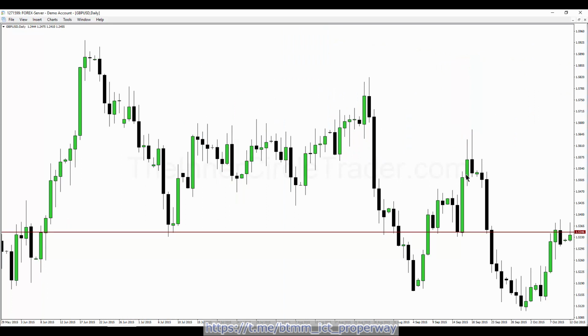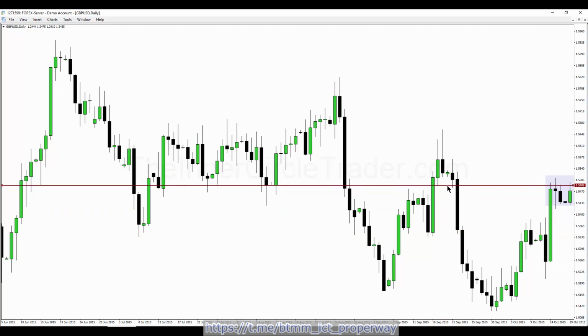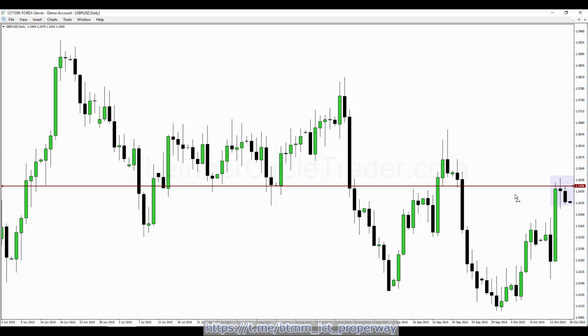Okay, and we're going to look up at this high up here. Price trades up into it here. We're going to use the low of the last up candle right here and the body of the candle. You can see that it trades up into that as well. And we're going to look up at the 18th of October.